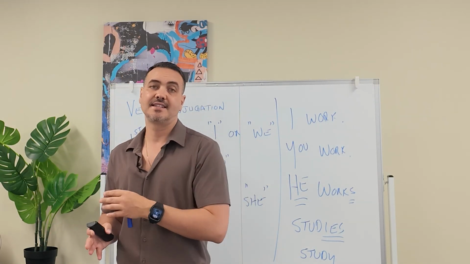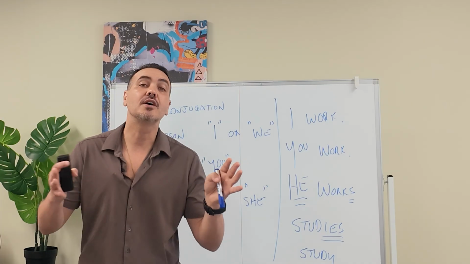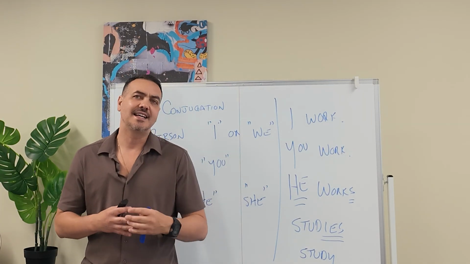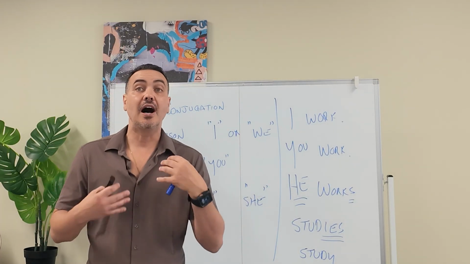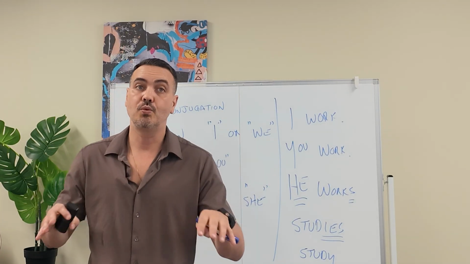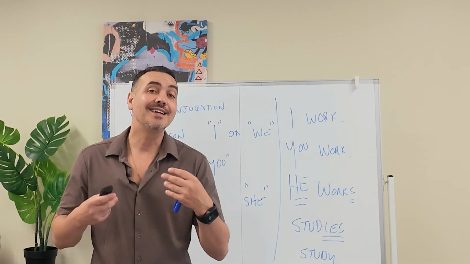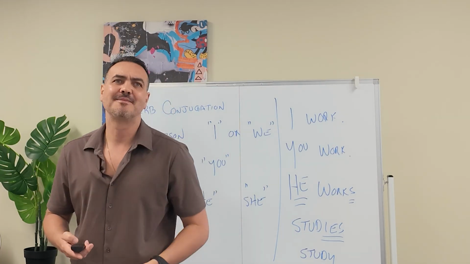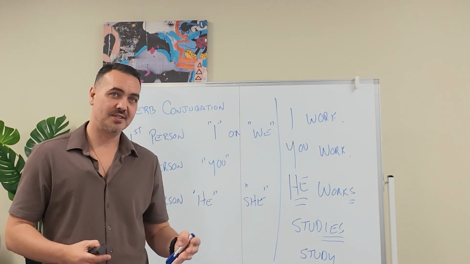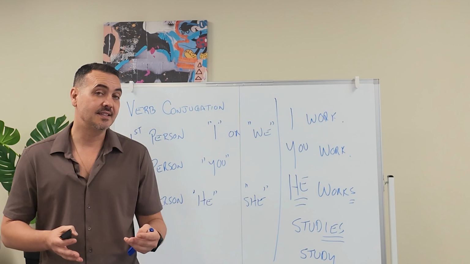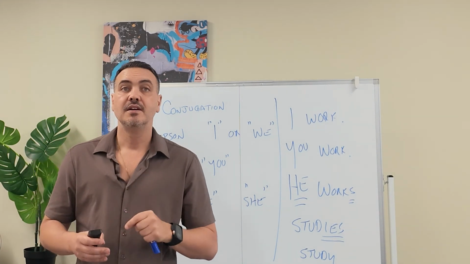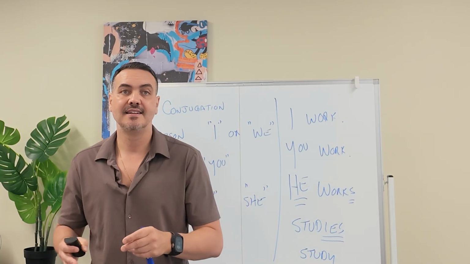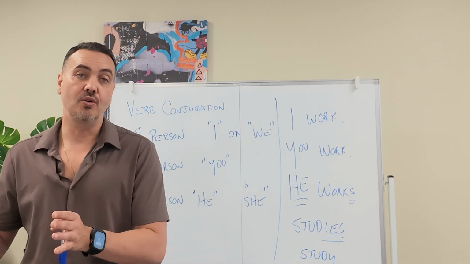She speaks English. It looks good, okay? Another common mistake is adding S after I, you, or we. So it would be incorrect to say I works, or you speaks, or they goes. The correct way to say this would be I work, you speak, we study, they go.